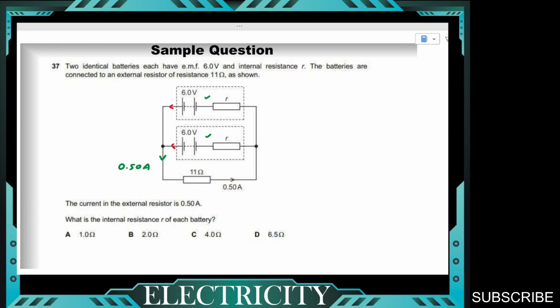First of all, it would be same because the batteries are identical. And how much would that be, Ramin? Can you guess the current drawn from a single battery?